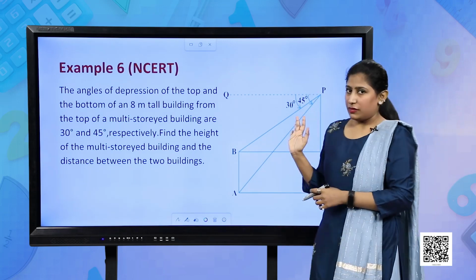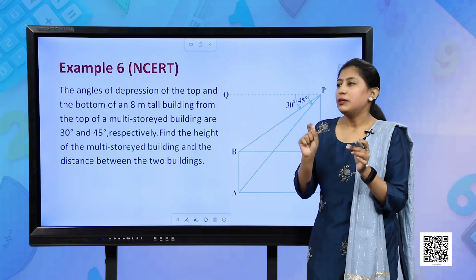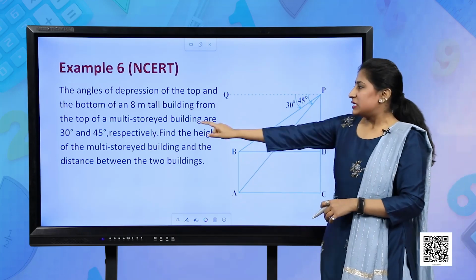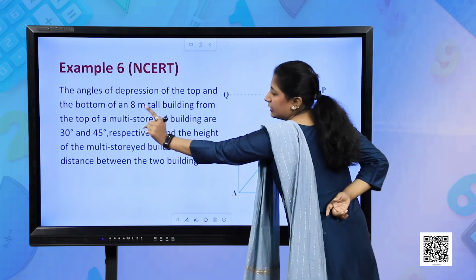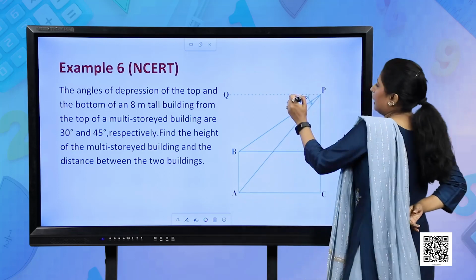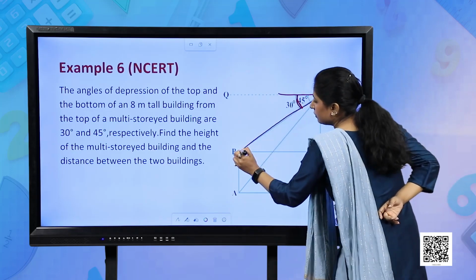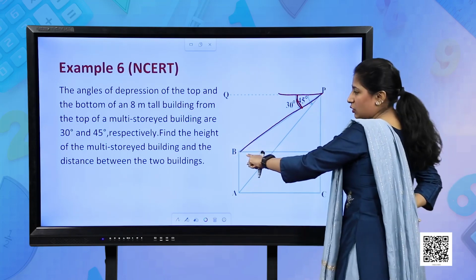So this is the figure given in your NCERT book. PC is what? Multi-storied building. Can you see? AB is 8-meter tall building. Now 30 degree and 45 degree are the angles. So this angle, this is the top of the what? Top of the 8-meter tall building.